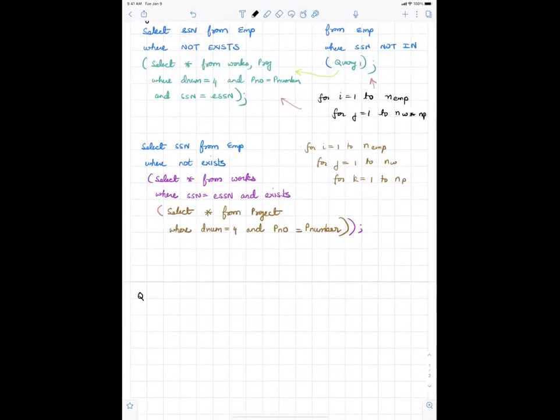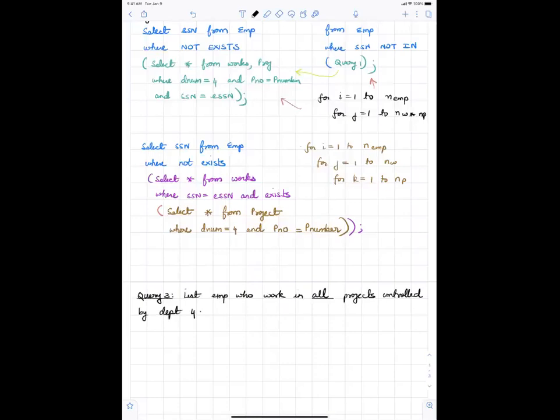There was this particular query, query 3, which is list employees who work in all projects controlled by department 4. This was the reason I motivated the whole exist thing, because I wanted to show you how to do this particular query.